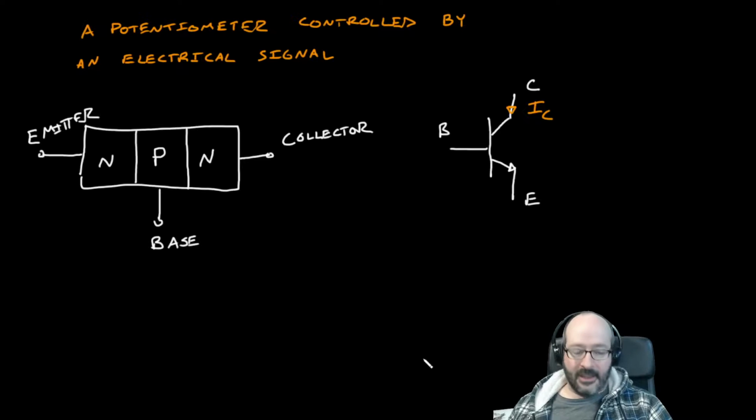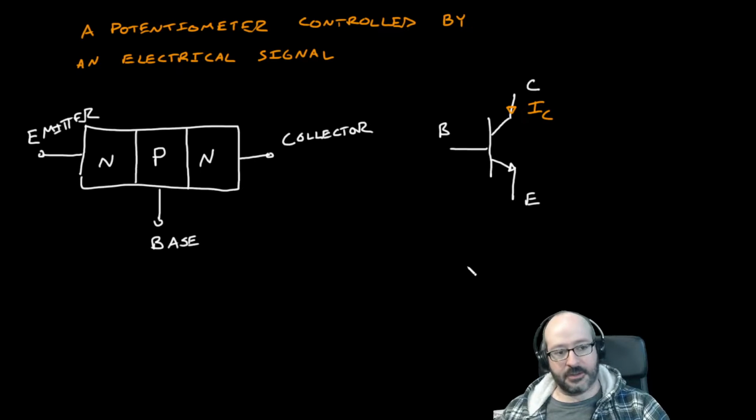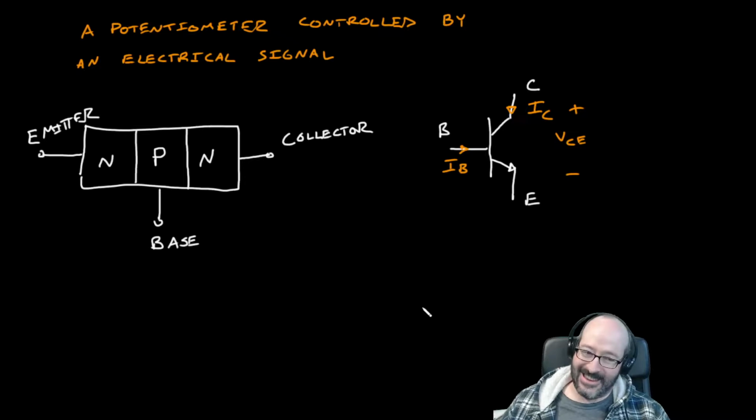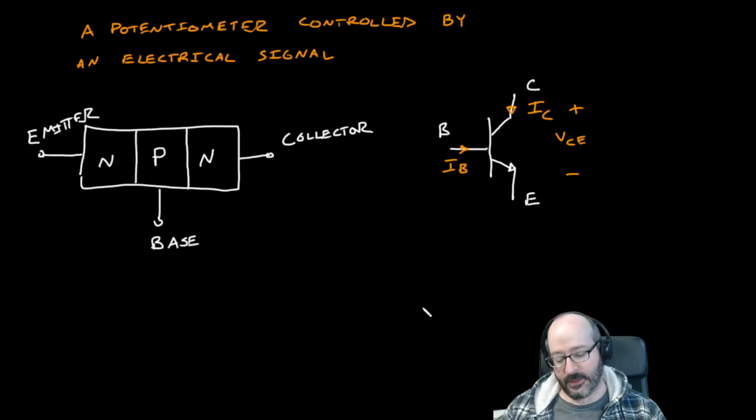And in this case, there are 2 variables that are going to control I sub C. Okay, we need to know the voltage across the collector-emitter, and we need to know the current through the base. Okay, we'll call that IB. And we've got to relate all those things. Just like we did with the diode, we want to relate the quantity of IB and the quantity of VCE to how much current is flowing through the collector.